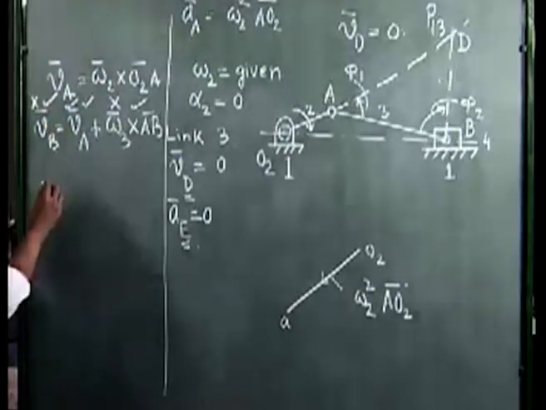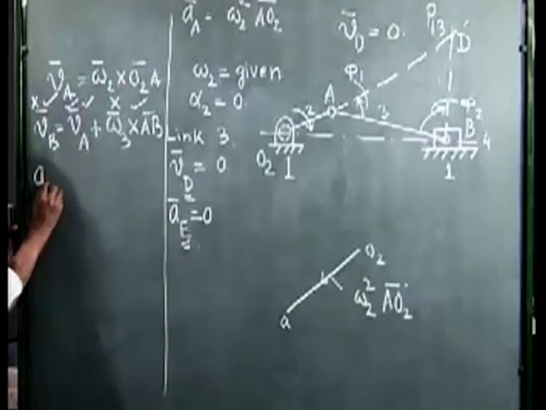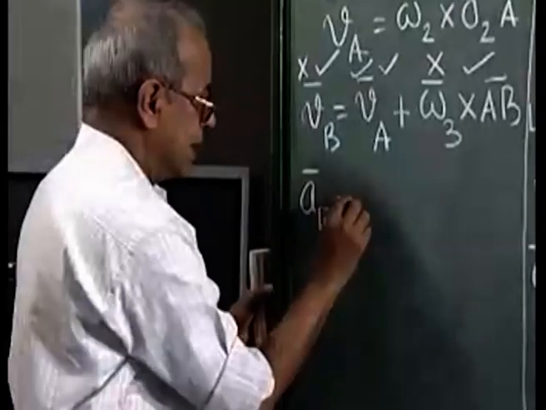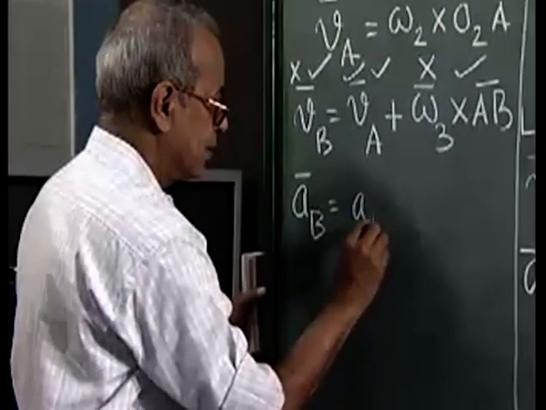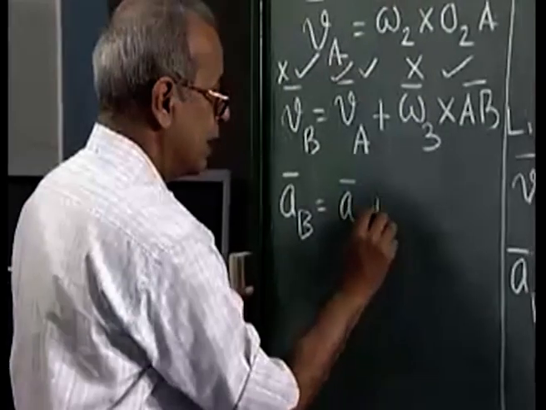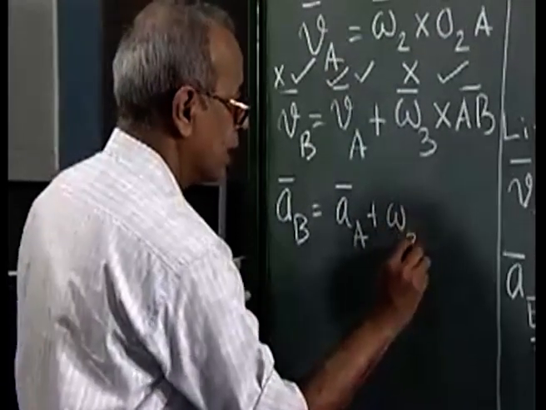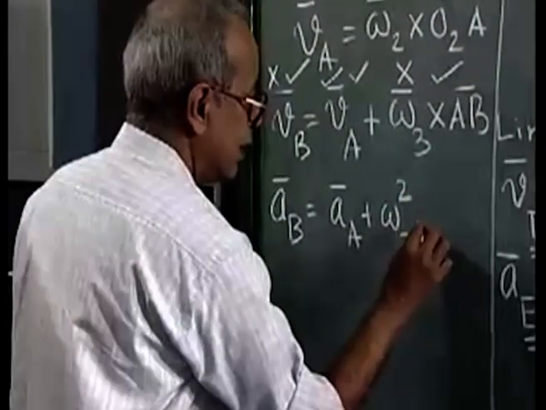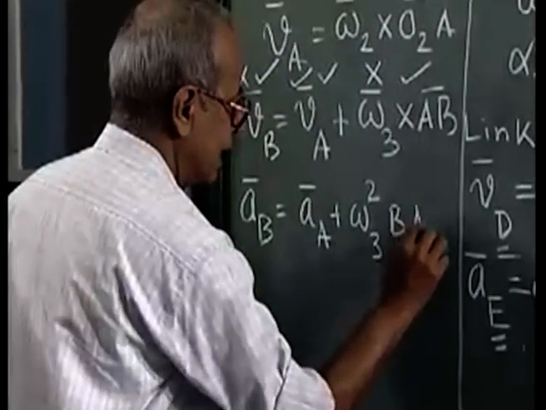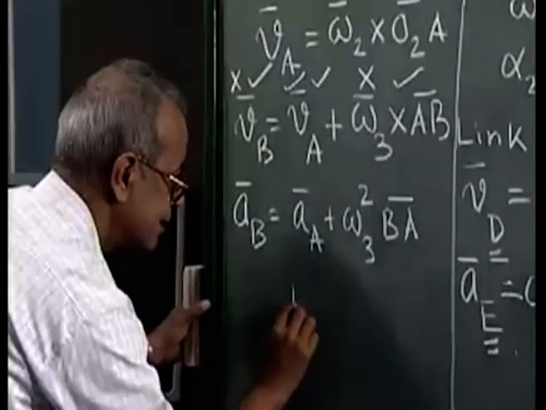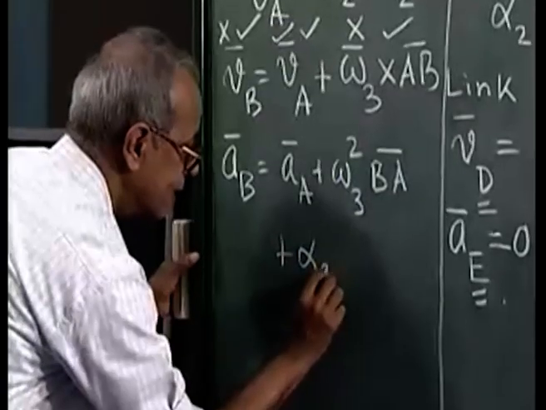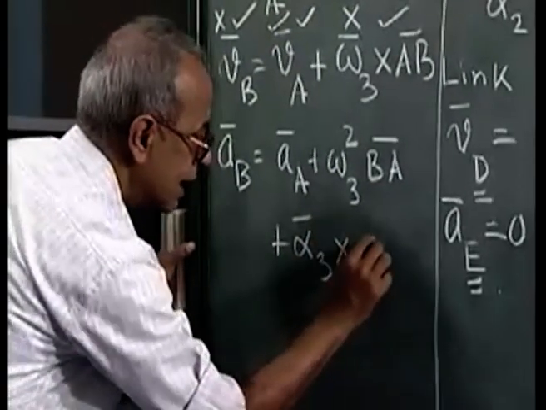Now we write the acceleration of the point B is acceleration of the point A plus omega 3 squared BA plus alpha 3 cross AB.